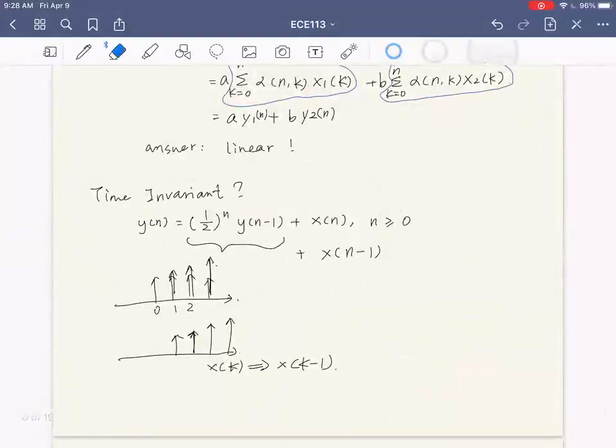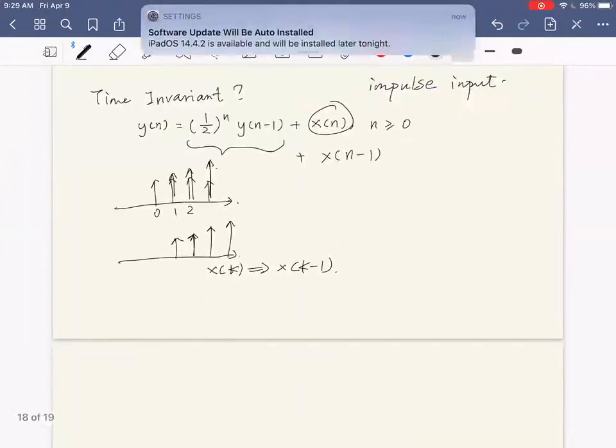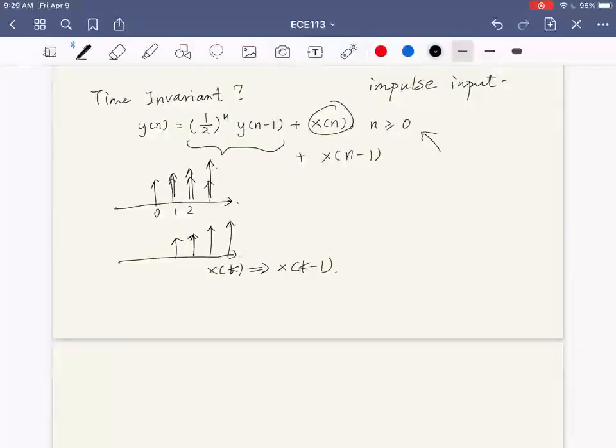So I recommend you to use an example to check. The simplest I can think of is the impulse input. Let's forget about the difference equation here and just try to find its answer for the impulse input. So the impulse input before the shift is delta of n, right? And then let's see, y of 0 should be 0, right?